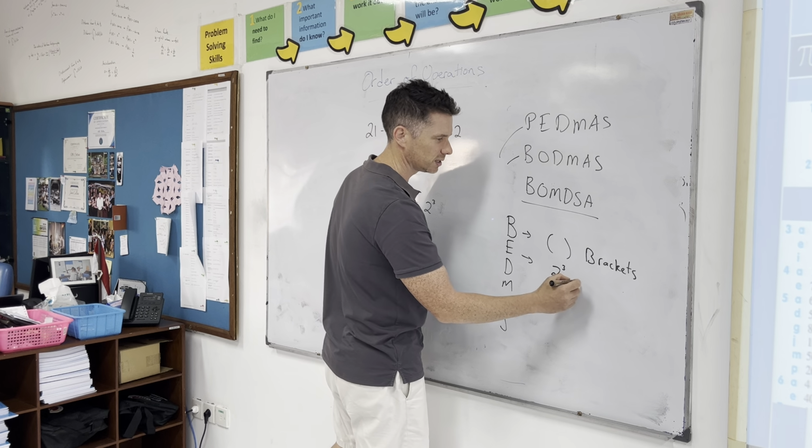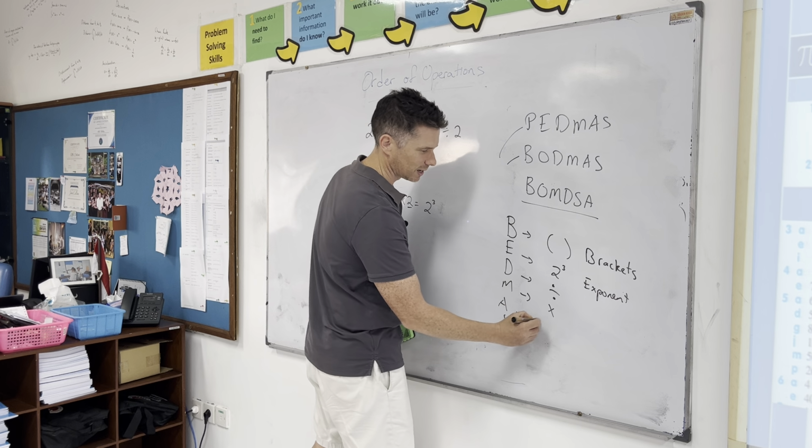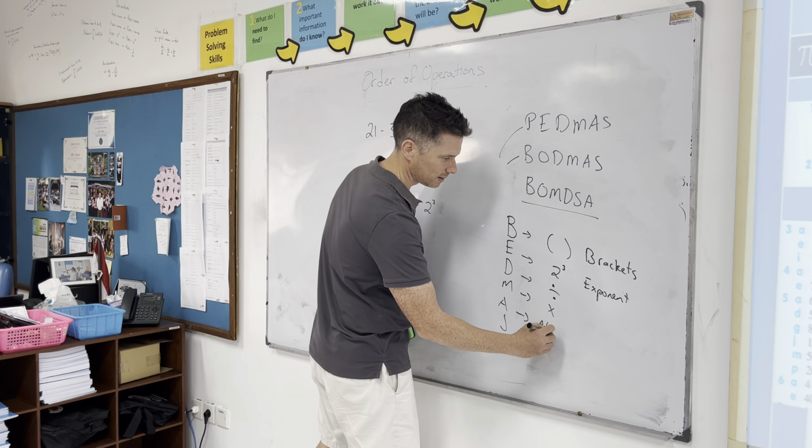Now it gets a little bit easier to figure out what the letters are for: division, multiplication, add, and subtract. Why did I say this could be spelled differently? The E could be an O. What does the O stand for?